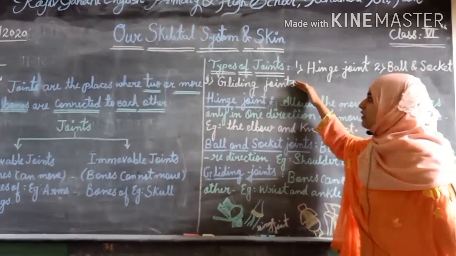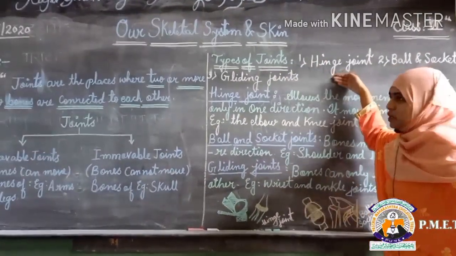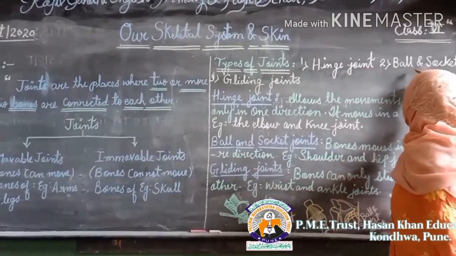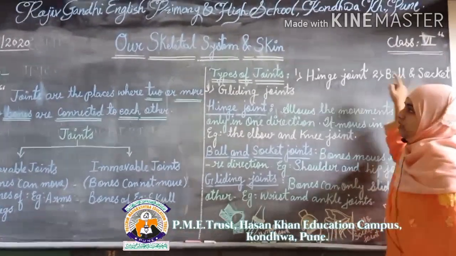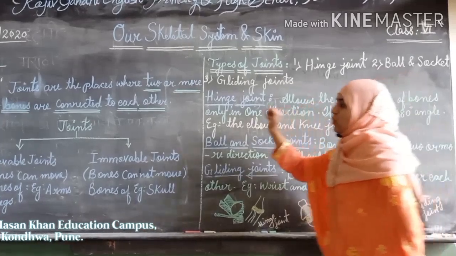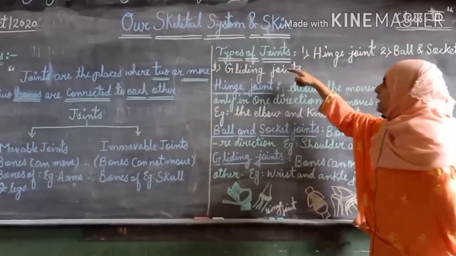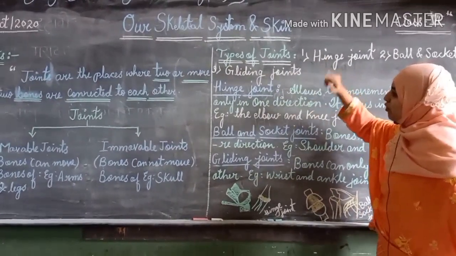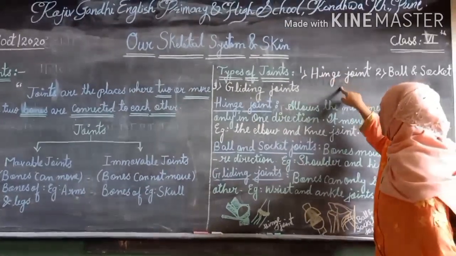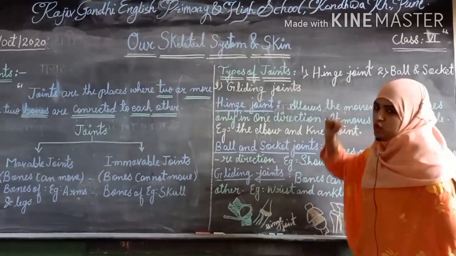Movable joints have three types: number one is hinge joint, number two is ball and socket joint, number three is gliding joint.